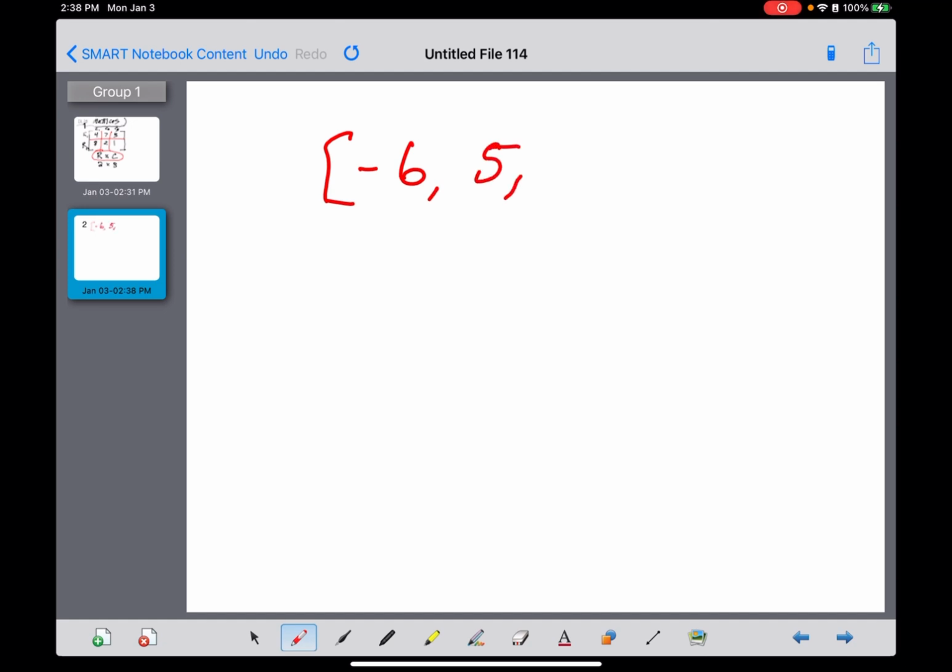So if I have something like 6, 5, 3, 1, and 7, there are no commas. This has one row.